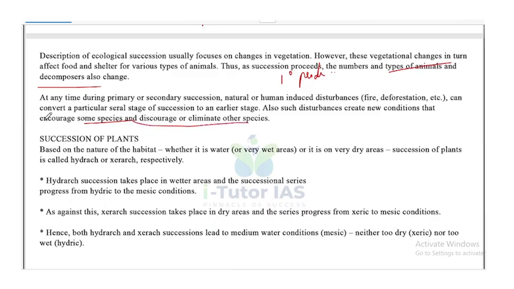So we have seen that succession is a long process, and if some disturbance happens in between, it will return to an earlier seral stage, and some species will have more growth while the growth of other species is discouraged or eliminated.